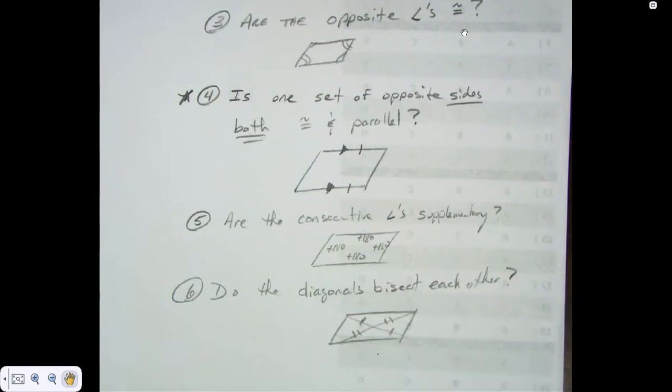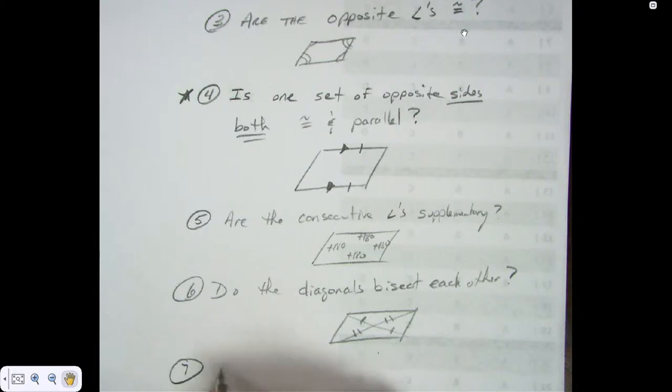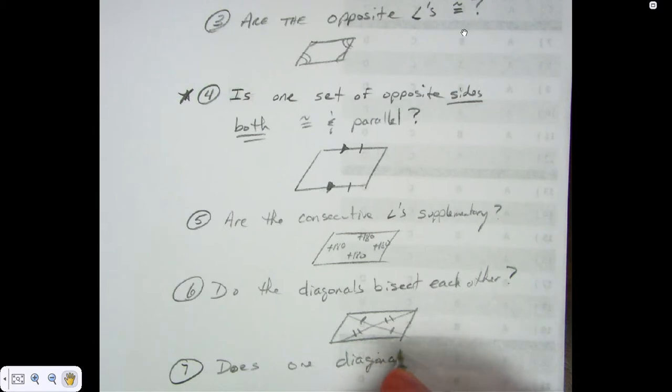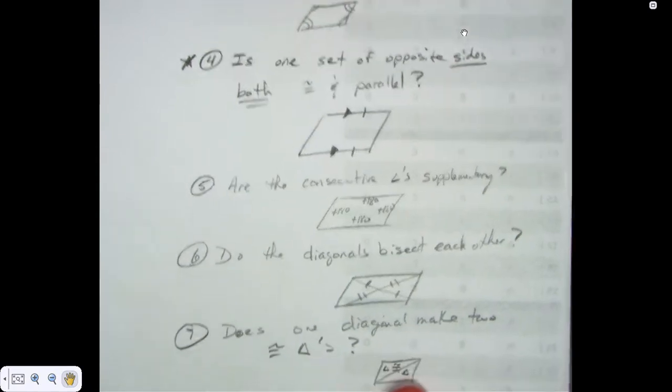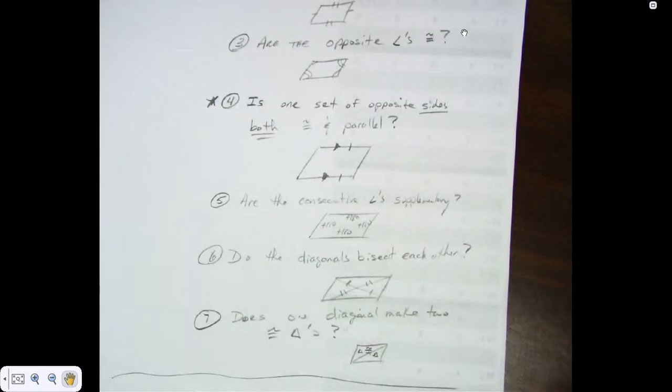What would the last one be? So I could say, does one diagonal make 2 congruent triangles? If any of these happen, then guess what do you have? You have yourself a parallelogram.